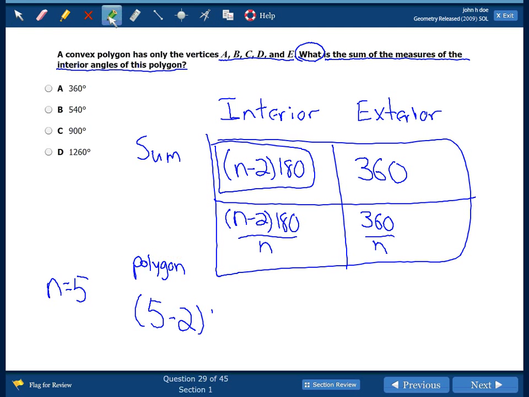Whenever we punch that into our calculators, we get the correct answer of B, 540. So that table that I put up earlier, that's something that you should definitely have on your formula sheet. It's not something that's provided for you, however.